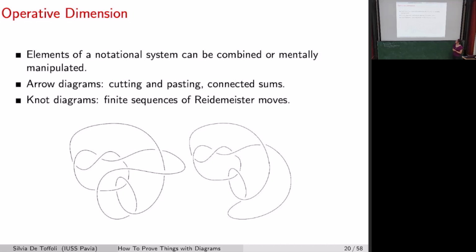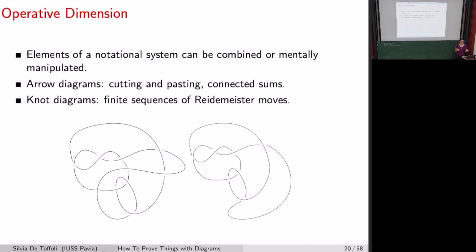With knot diagrams, we have the Reidemeister theorem that connects the mathematics of diagrams to the mathematics of knots, and it tells us that any two diagrams representing the same knot can be transformed one into the other with a finite sequence of three simple local diagrammatic moves.